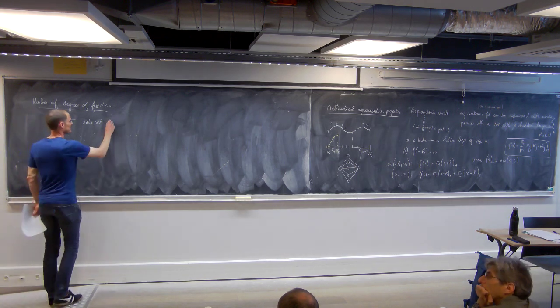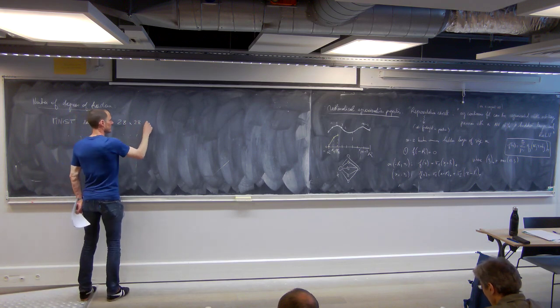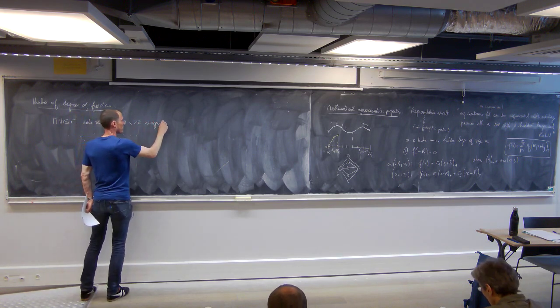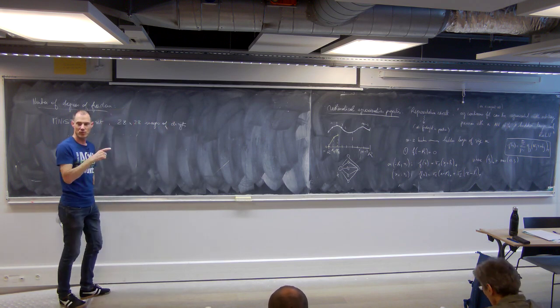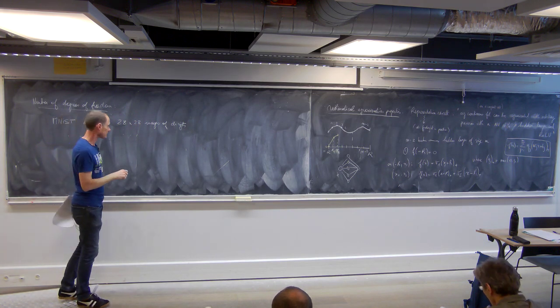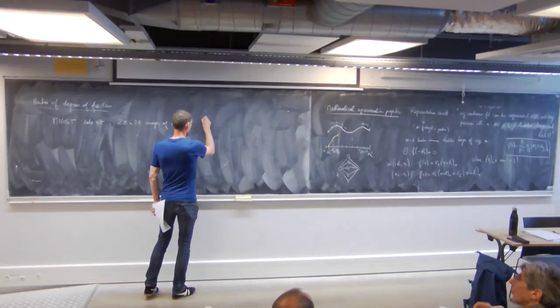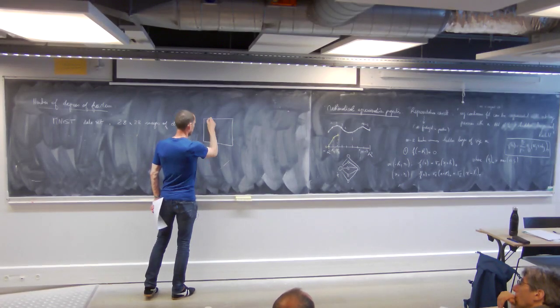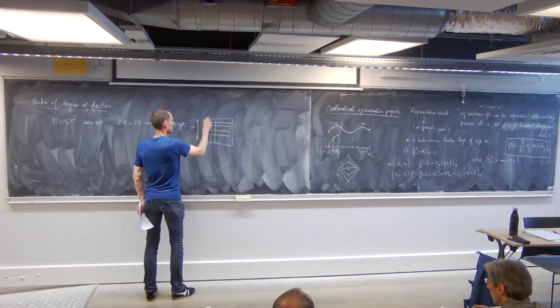The MNIST dataset is a set of 28 by 28 images of digits. Maybe you've seen those images of digits from 0 to 9. When I'm saying it's an image, technically it means that it's a matrix of size 28 by 28.